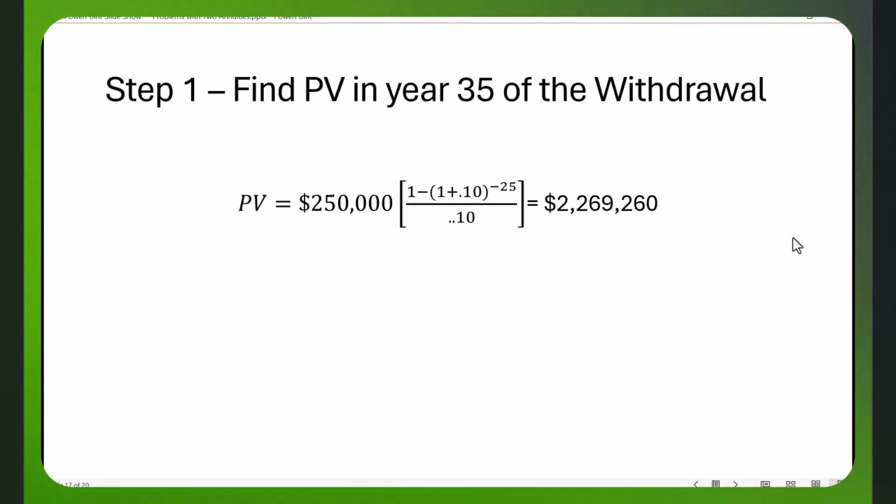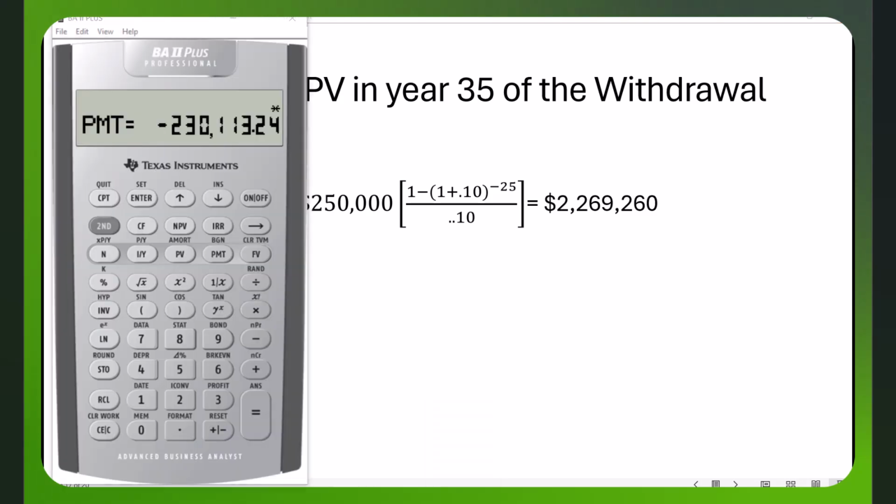So step 1, find the present value in year 35 of the withdrawal. So it's the 250,000 times that present value annuity factor. Remember, we're finding a value before the money is being taken out, so it's a present value factor. And let's use the financial calculator.